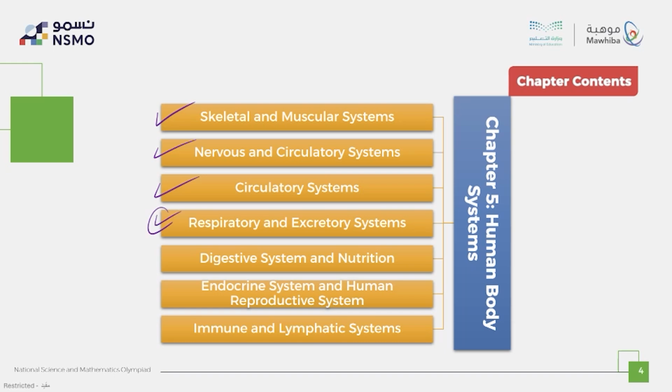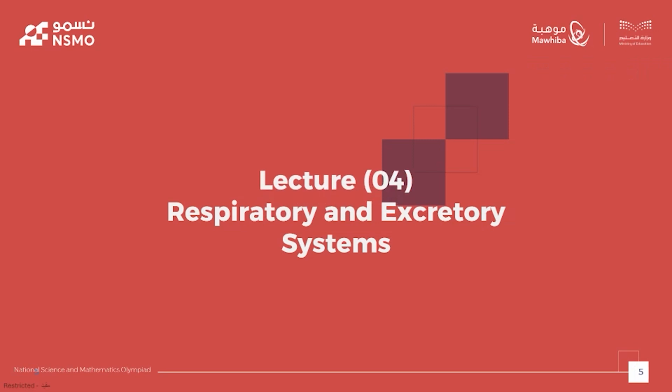And don't forget that body systems are interconnected. It means the respiratory system cannot function without the circulatory system transporting oxygen. Similarly, the excretory system depends on nerves and hormonal regulation. In our lecture today about respiratory and excretory systems, these two systems work silently every second.